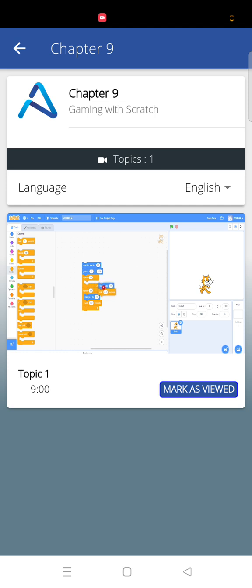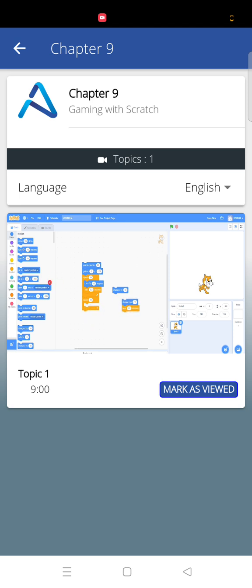Instead of this change y by block, we'll add the turn anti-clockwise block, and we'll add one more repeat loop. Now let's change the parameters.